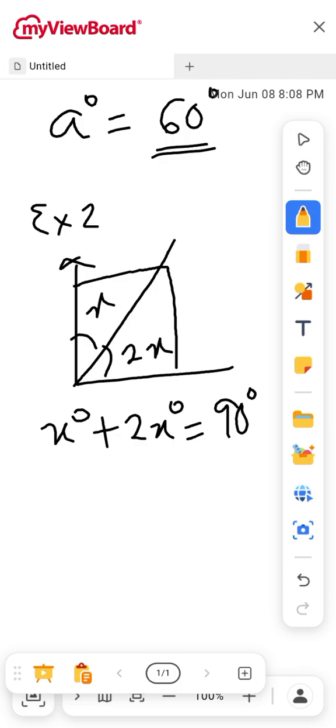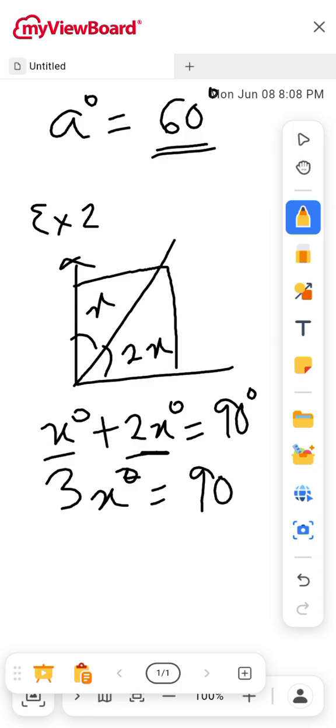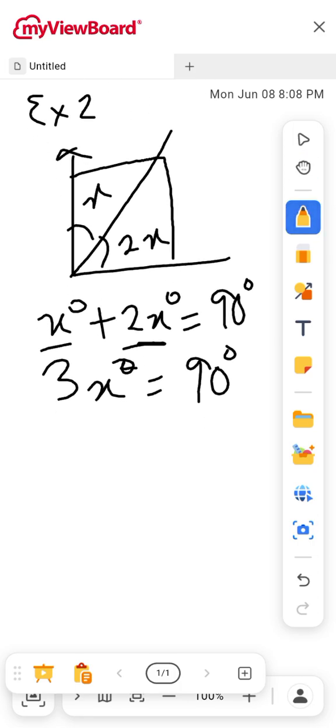Now x plus 2x will give us 3x. The reason why we can add these together is because they both have terms in x. So 3x degrees equals 90 degrees. This is also like a straight line equation. What they are saying is that 3 times what will give you 90 degrees.